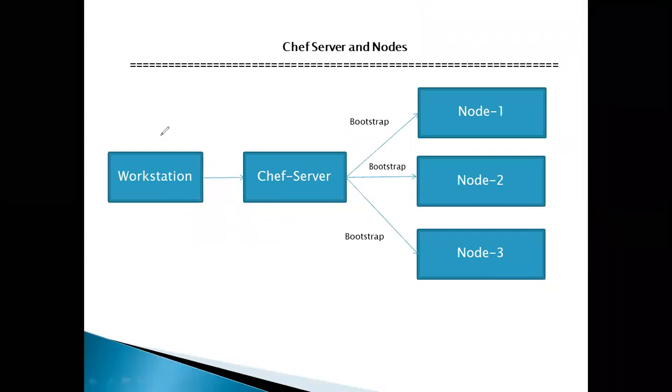We have discussed workstations, we have discussed the chef server. In the next session, we will discuss how to add nodes inside a chef server. So that will be enough from my side for today.